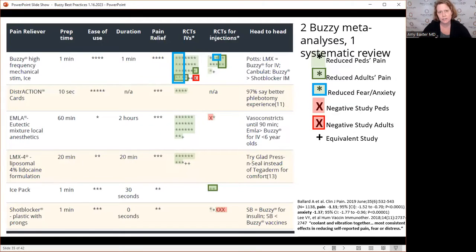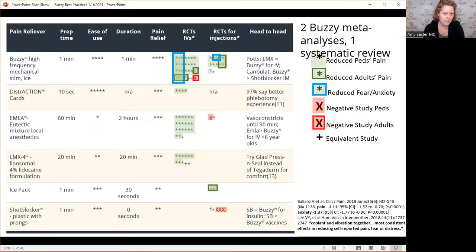So for heel sticks on neonates, there are 2 studies that have been done using vibration in neonates. They were not the right frequency, but one of them did. It wasn't statistically significant. I mean, the article said, oh, it helps, but they didn't use the right frequency. And people are using it for heel sticks.